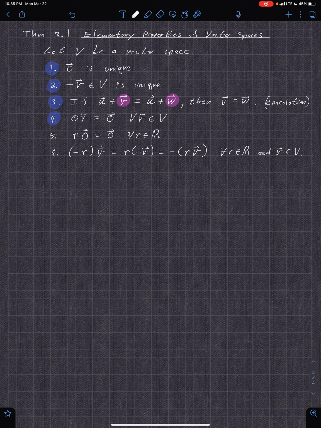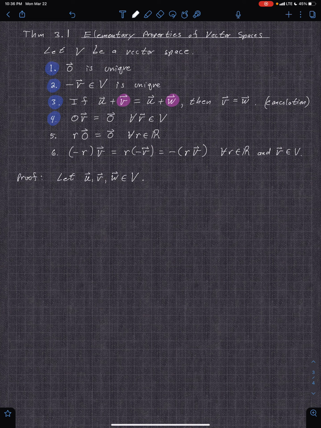Okay, so check this out. So first, say proof. And let's let U, V, and W be in the vector space V. Okay, so that'll be true for all of them.